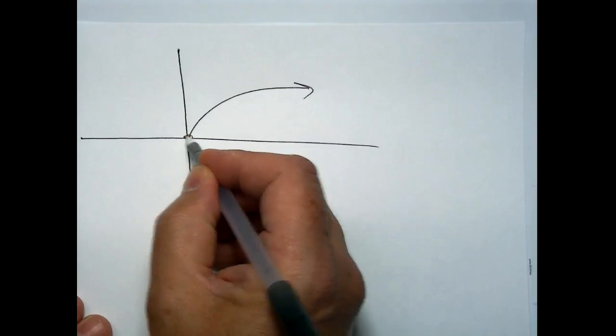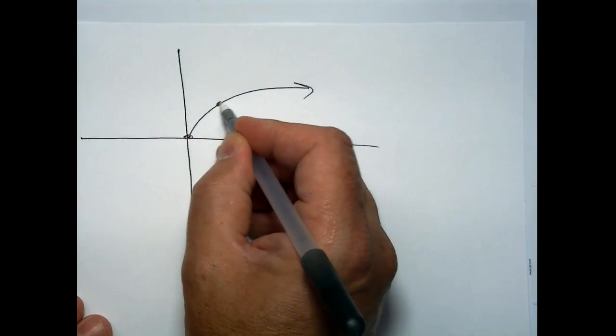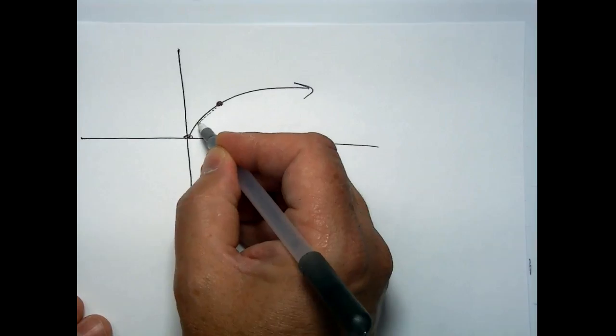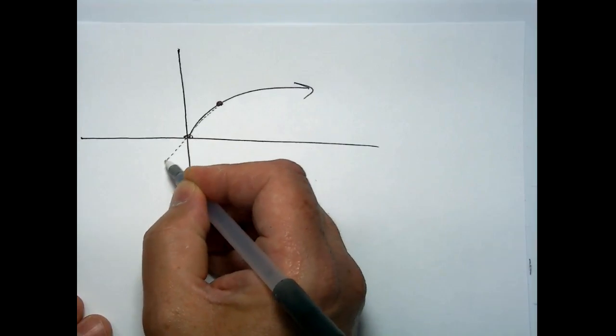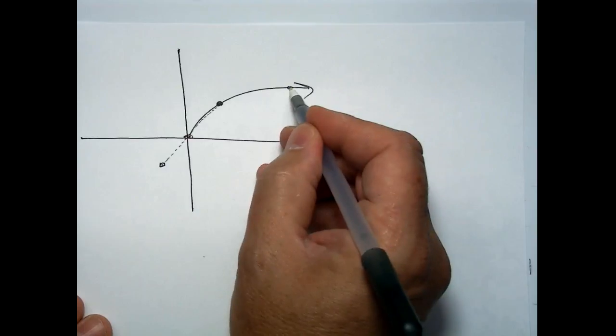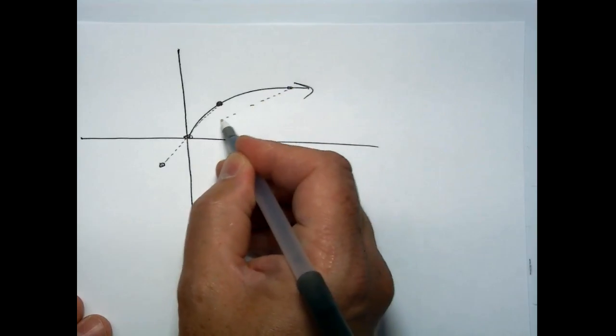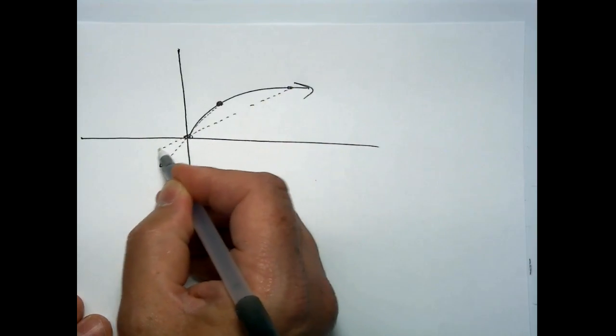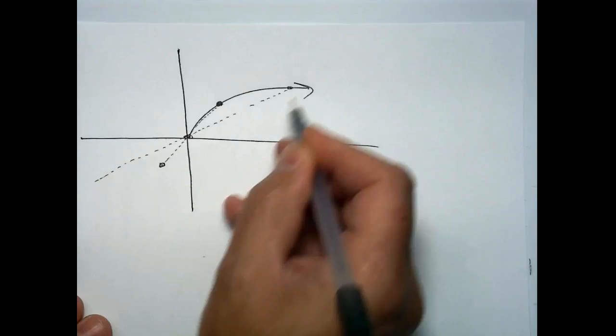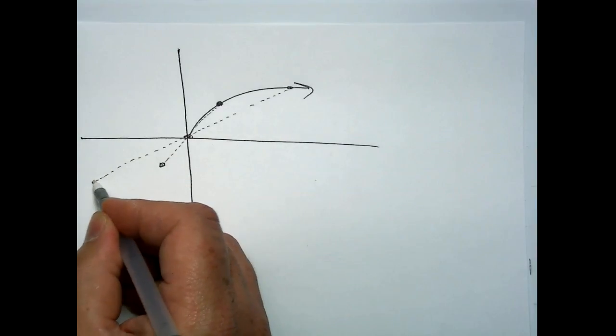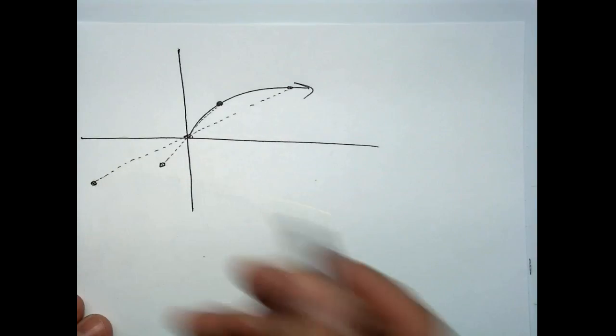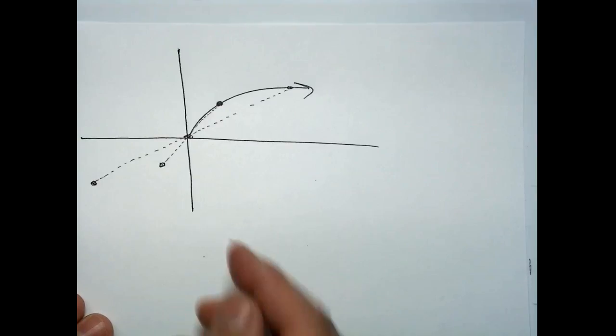Well, here's what it looks like. Every point you see here gets beamed across the origin and shows up over here. So this point over here beams across the origin. The origin is acting like a mirror, basically. And I'm getting a point way over here. So what is that reflection going to look like ultimately?